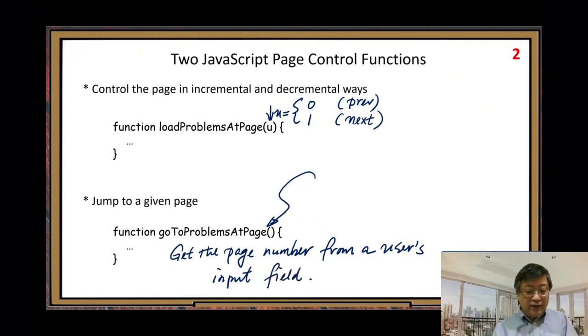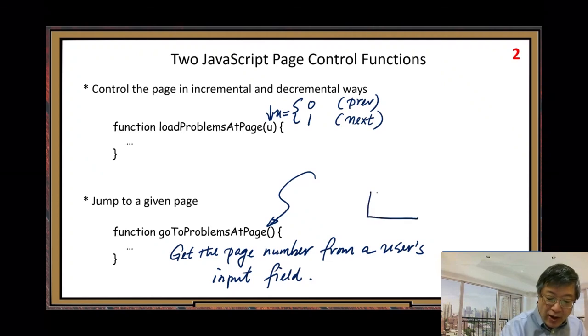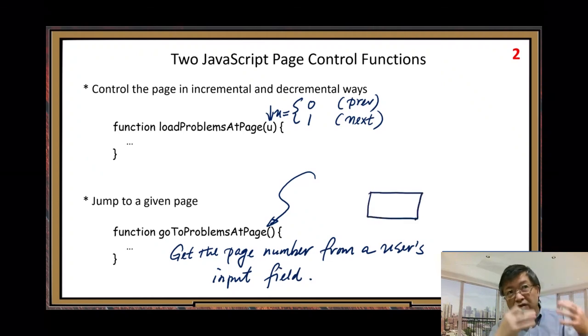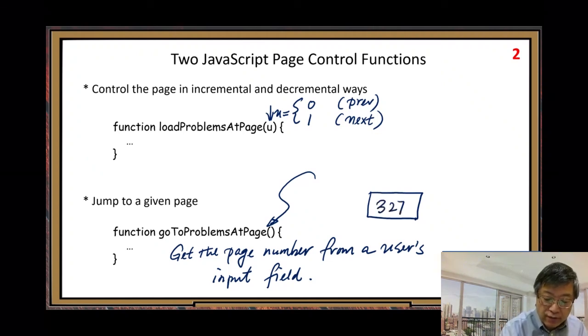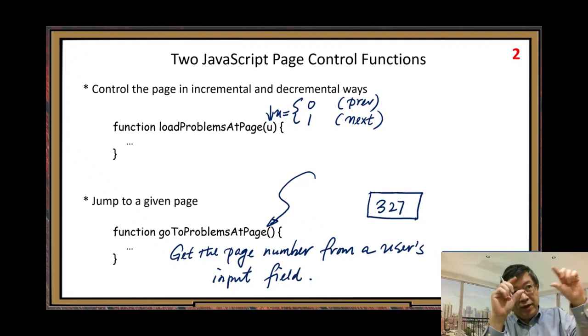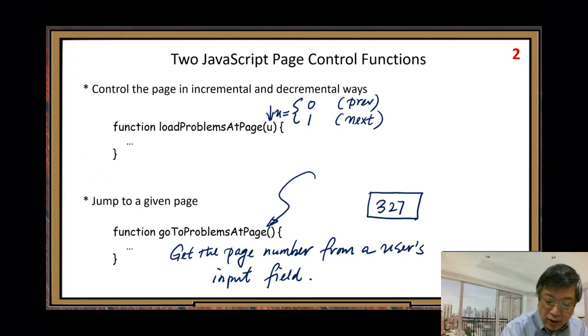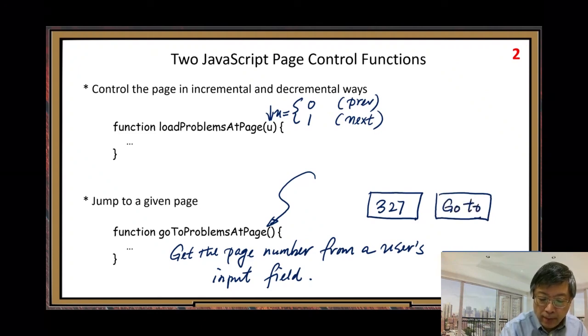Because here we provide convenient tools to our users, the user can enter the page number 327 in an input field somewhere. Then there is a go to button. Click the go to button, then that page is displayed. So that's the second function.